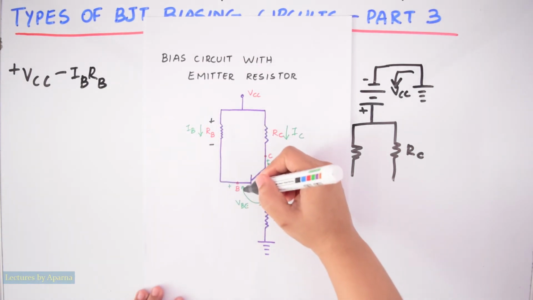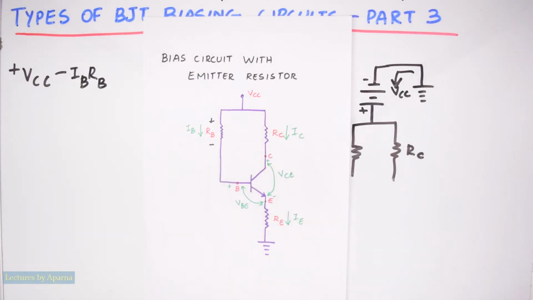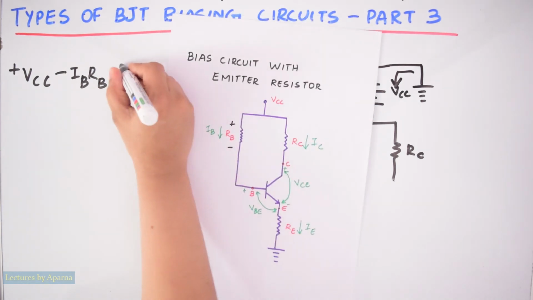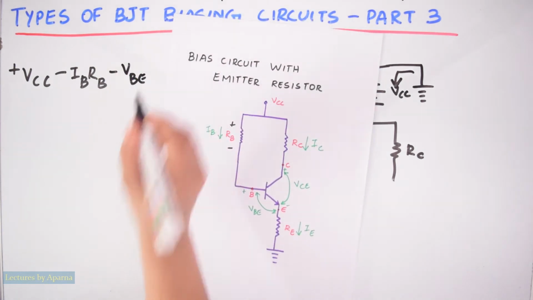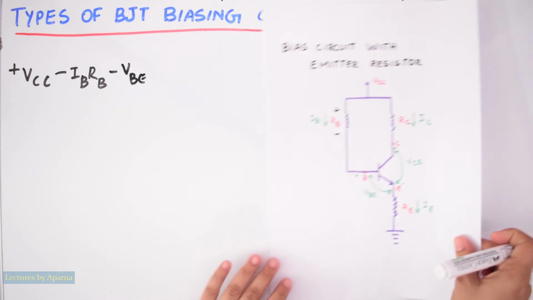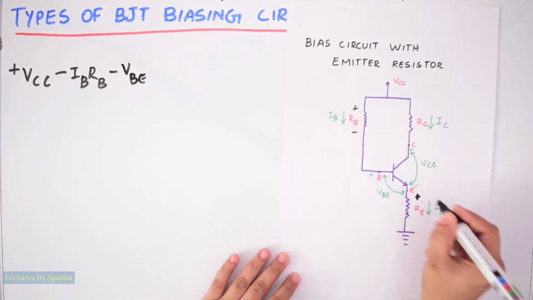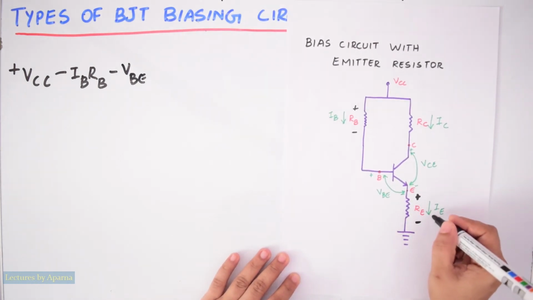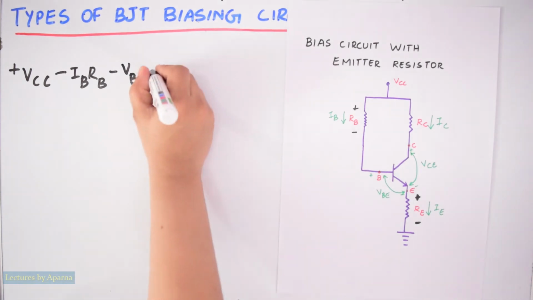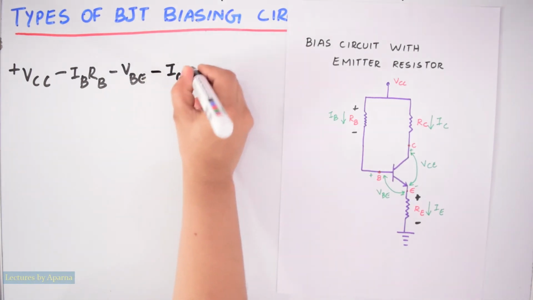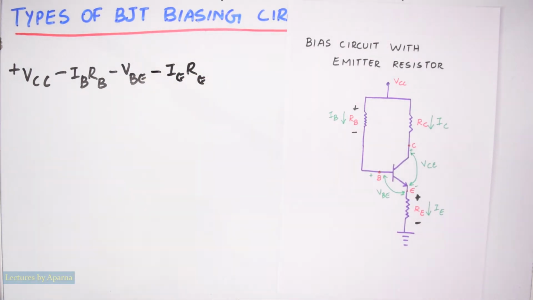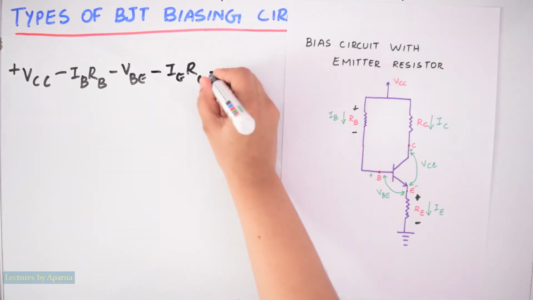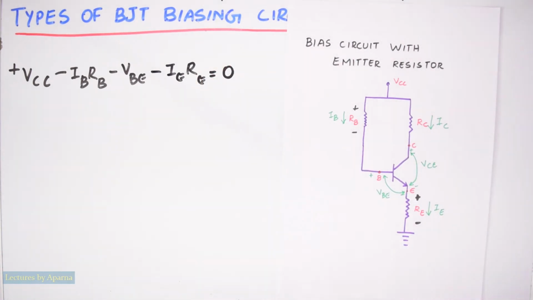Now when I reach here, again it is a decrease in potential. So minus VB. Then here again it is a decrease in potential. So minus IE RE equal to 0. Let this be equation 1.